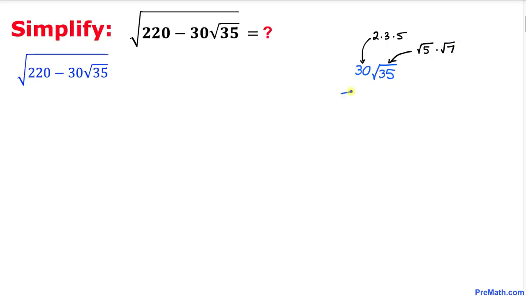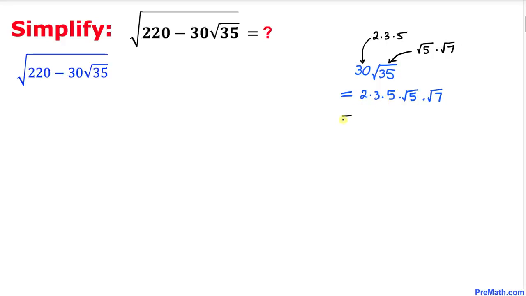So therefore we can write this whole thing as 2 times 3 times 5 times square root of 5 times square root of 7. And now let me go ahead and rearrange these numbers.